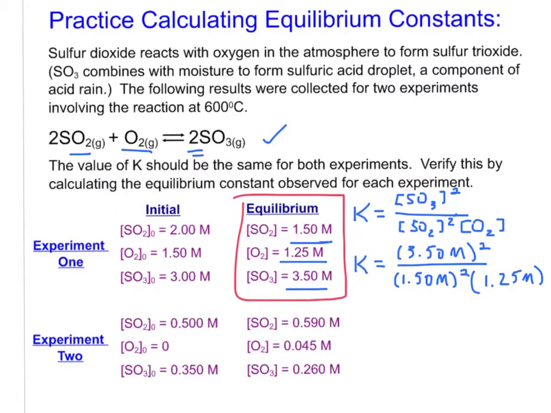When I punch all those numbers into my calculator, I get 4.36. I have 3 sig figs, matches the sig figs there. And remember that K values are unitless.